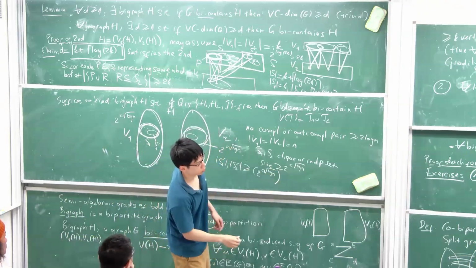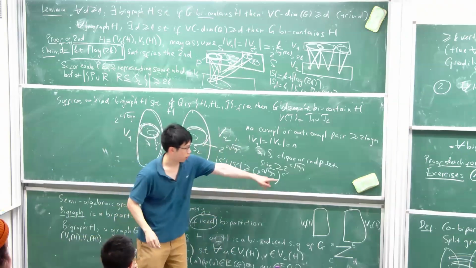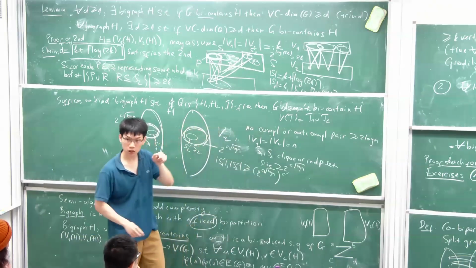And maybe I should use C prime now, raised to the power of C prime, where here C prime depends on J.